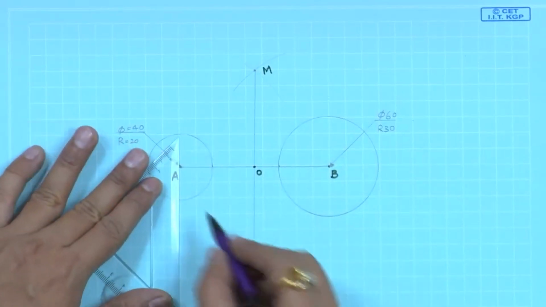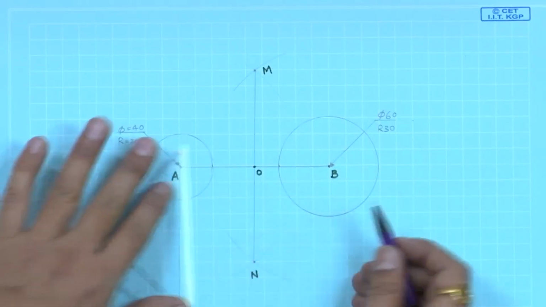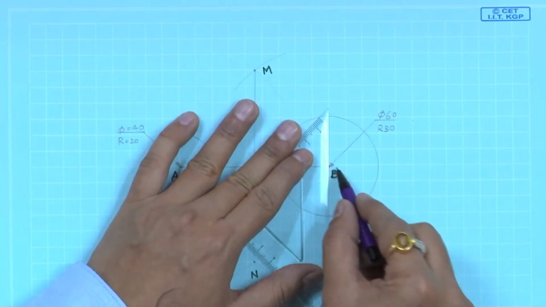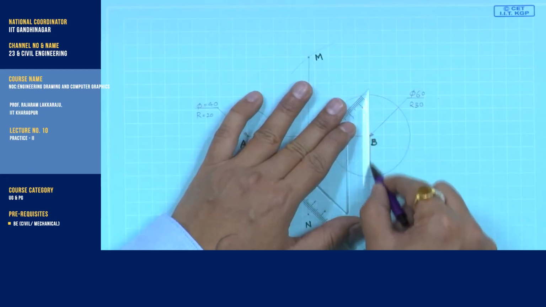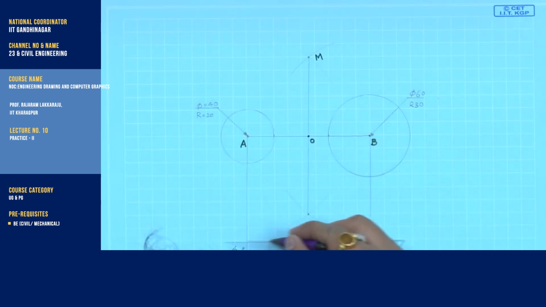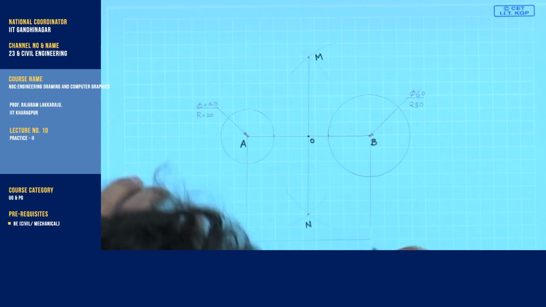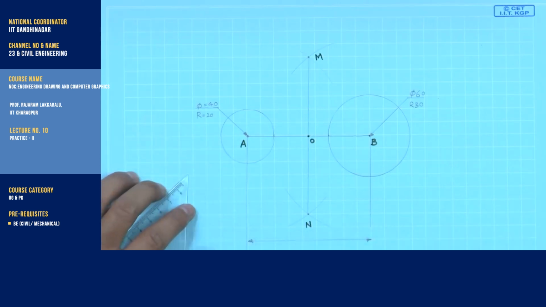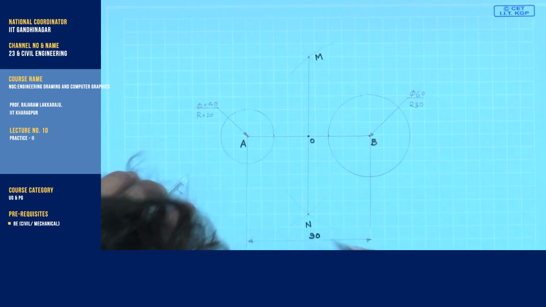And this anyway we have shown. A drafter is very helpful to draw these vertical and horizontal lines. This is 90 mm.